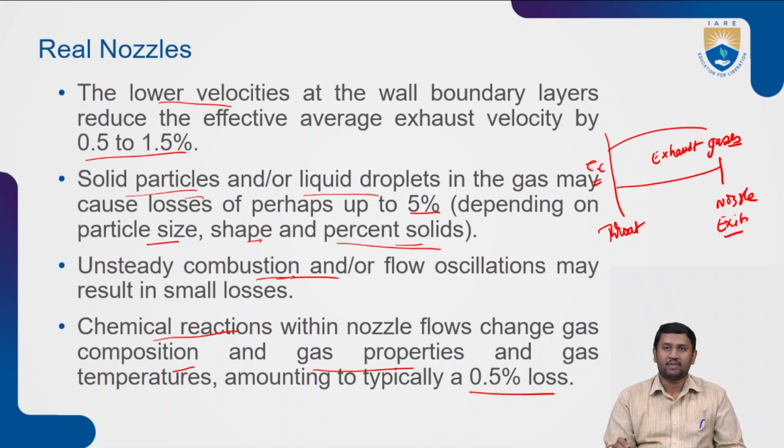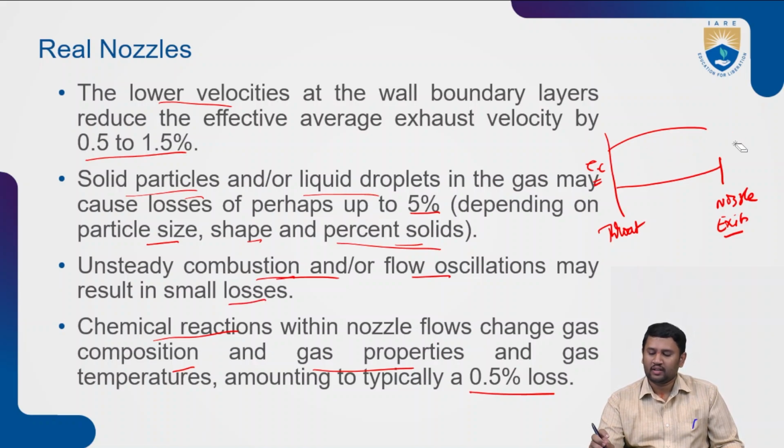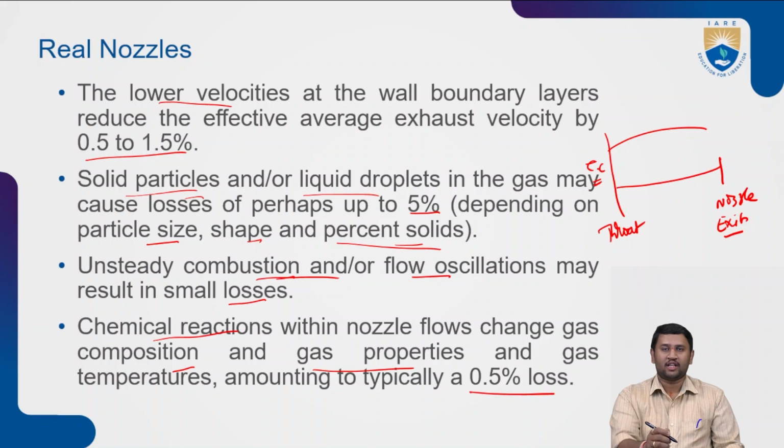Unsteady combustion or flow oscillations in between uninterrupted workflow may result in small losses. For example, some injector might not function correctly over a period of time, and during that time there might be unsteady combustion due to improper injection of the fuel and oxidizer inside the combustion chamber, due to which there may be fluctuations or oscillations in the flow at the exit of my nozzle.